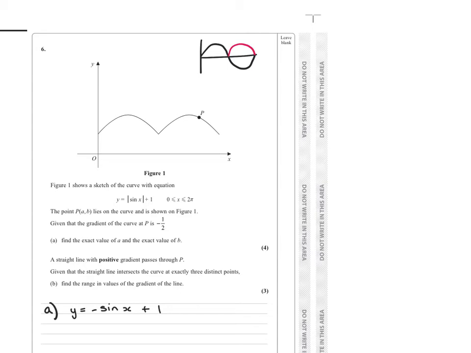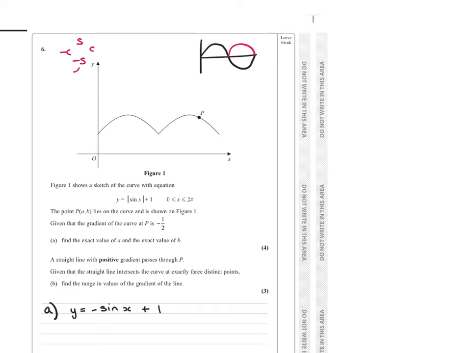Because we're looking at, think about what the graph was and what the graph is now. The graph was the negative. So when we do the modulus, we just take the positive. This side here was always positive, but this side here was once negative, now we've turned it positive. So we need to differentiate minus sine.